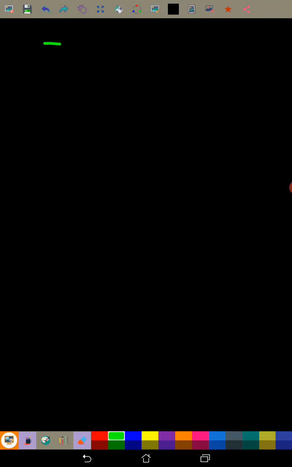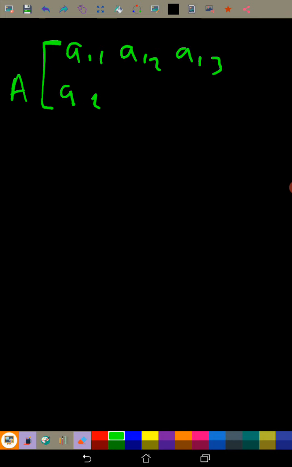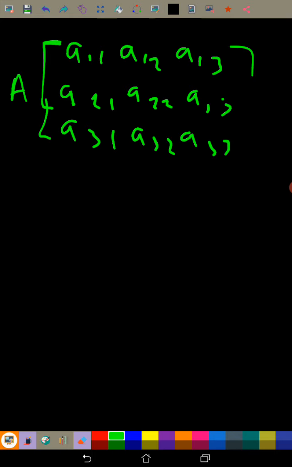Remember, I said there is A11, A12, A13, A21, A22, A23. Let's say there is another row, A31, A32, A33. So we have this big matrix, and it's a 3 by 3. This is the size.